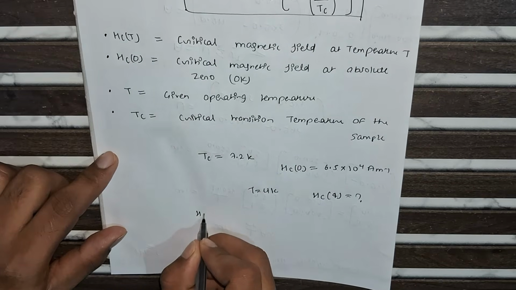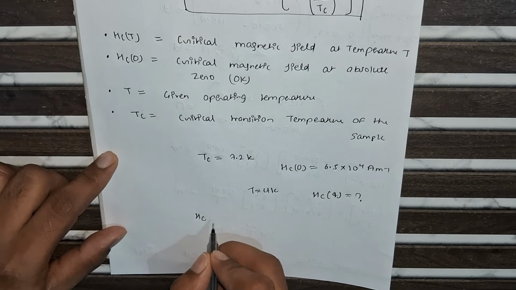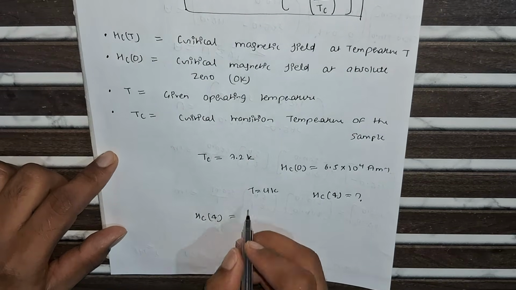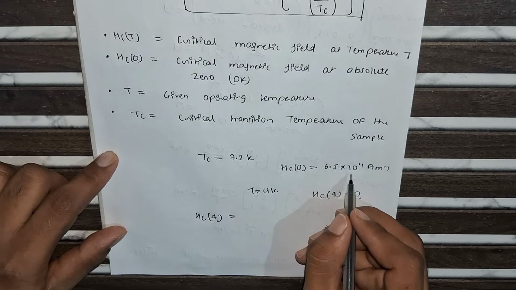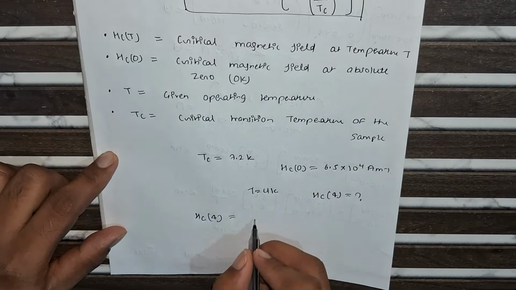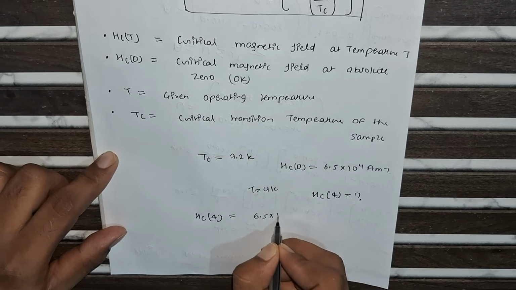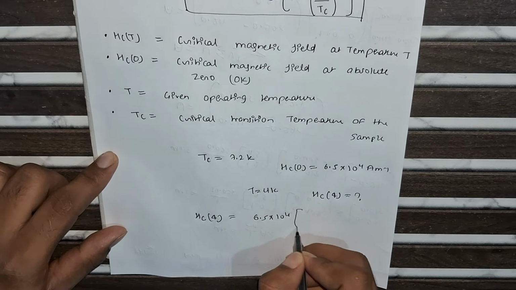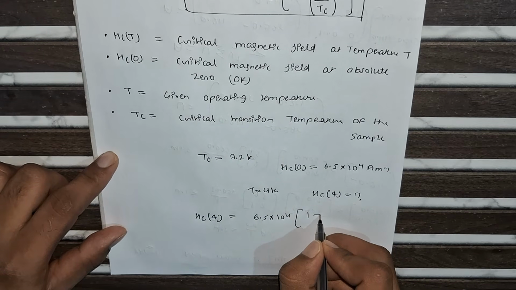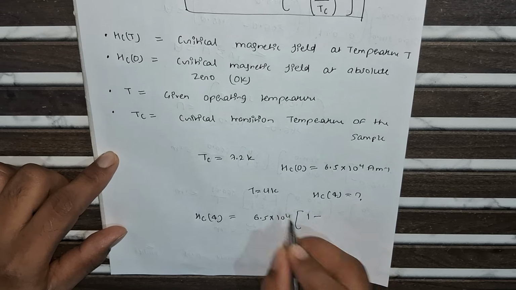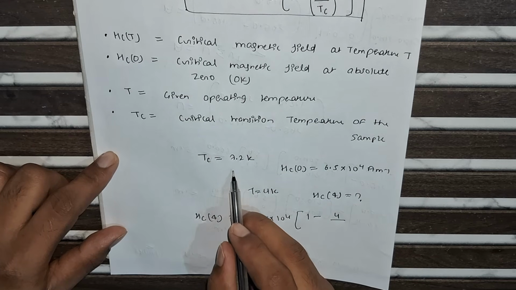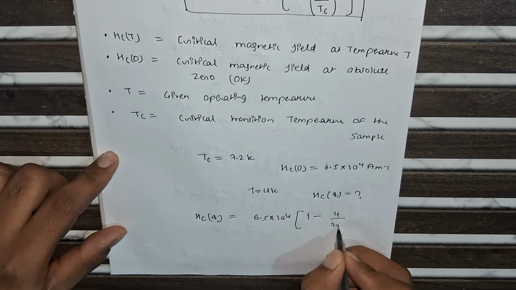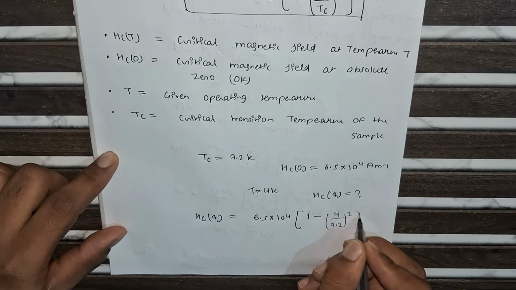So HC at 4 Kelvin is equal to, what is the critical magnetic field at 0 temperature, which is 6.5 into 10 to the power 4. So 6.5 into 10 to the power 4, into 1 minus, what is our given operating temperature, which is 4 Kelvin, so 4 divided by the critical transition temperature 7.2, this is whole square.